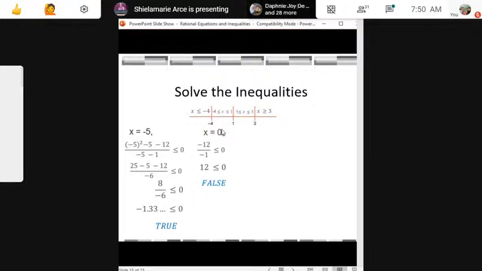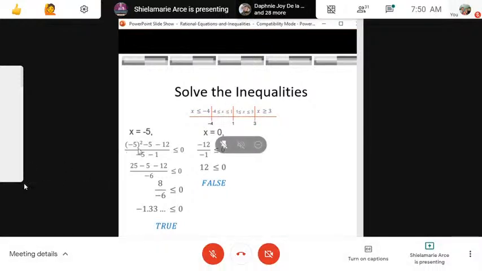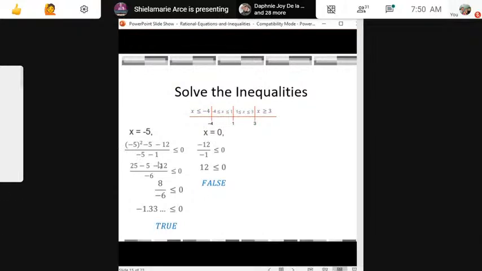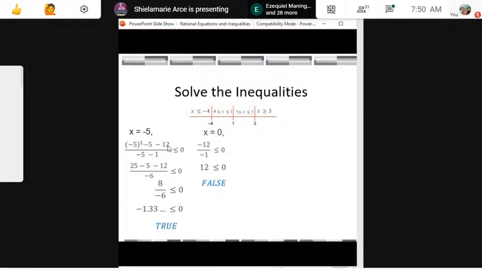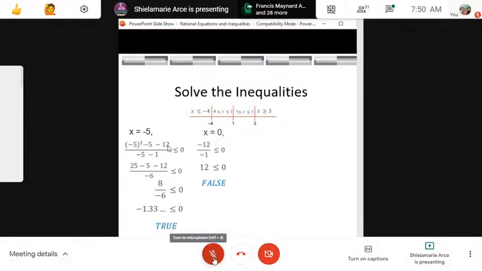Pag nag-3 ba, hindi rin siya kasama? -3, it will be 9 minus 3, 6 minus 6 minus 12 is -6. -6 over -4, positive siya. 3. Oh.